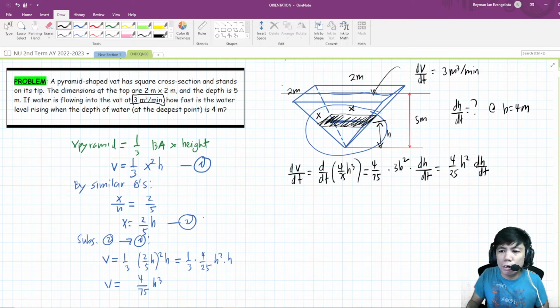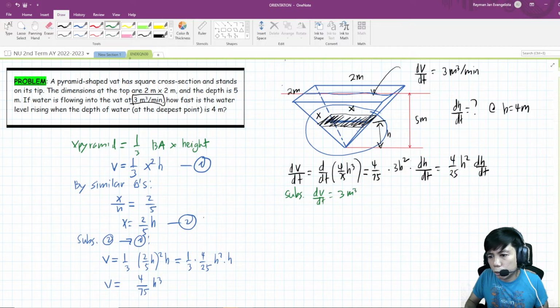Now, substitute the given values. So, ano mga yon? Meron tayong volume flow rate na dV/dt, that is 3 cubic meters per minute. And yung height natin or yung depth, that is h is equal to 4 meters.